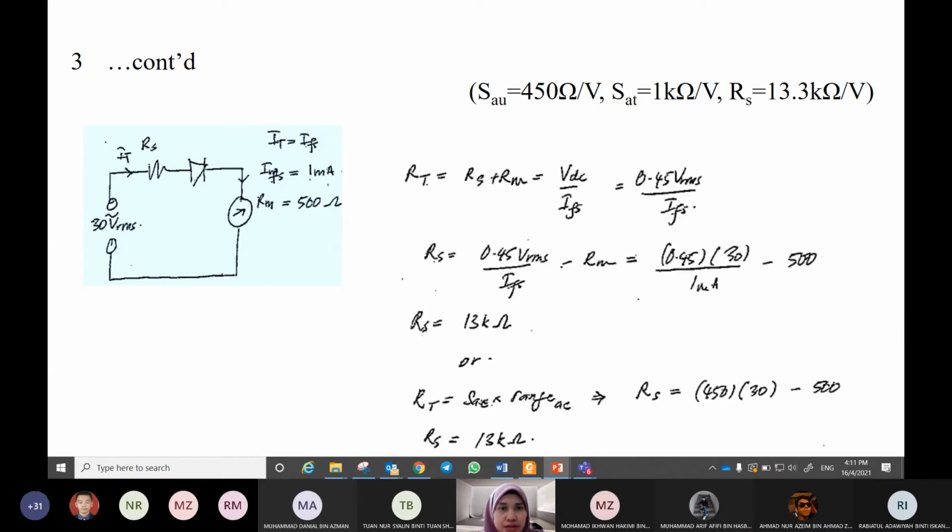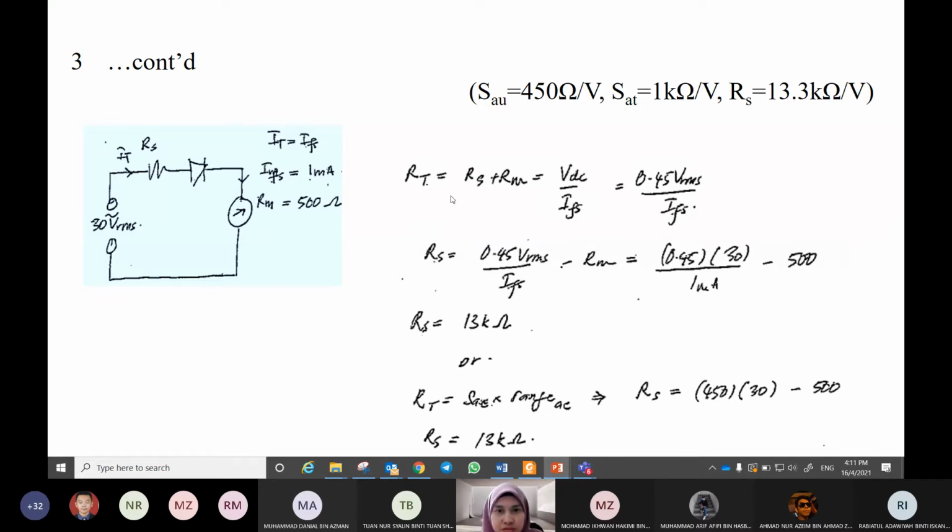No. Okay, the next is to find RS. RS is located here. So we know that this is a series circuit. We have RS and RM. So R total is equal to RS plus RM. R total is equal to VDC divided with current. VDC is 0.45 VRMS because of half wave rectifier divided with current.